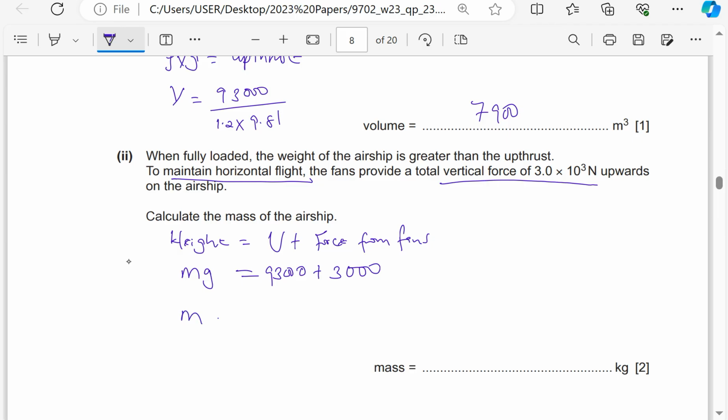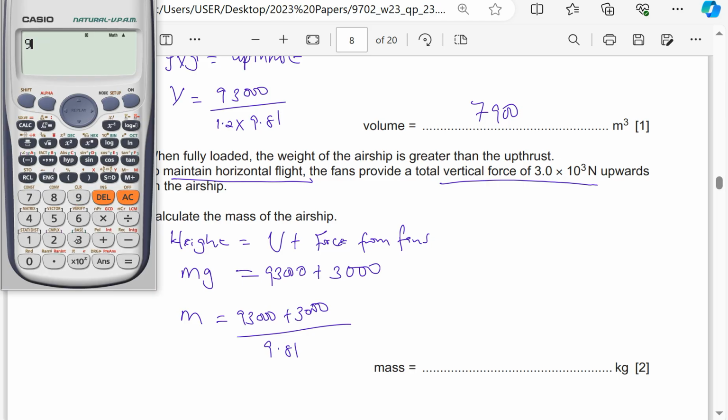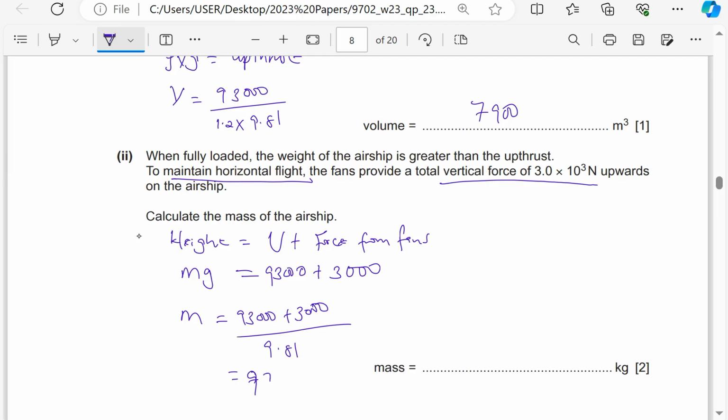So the mass of the airship is going to be 93,000 plus 3,000 divided by 9.81. So this gives me 9786 kilograms or 9800 kilograms.